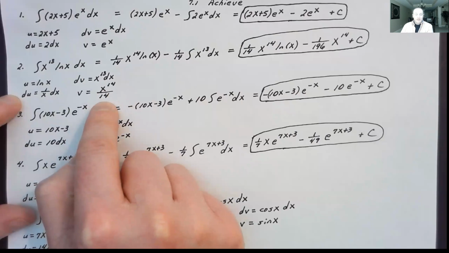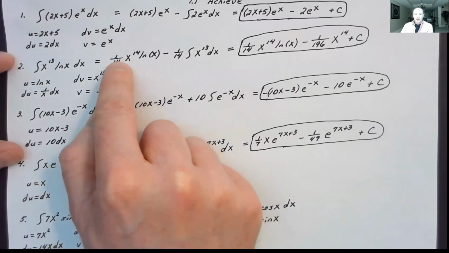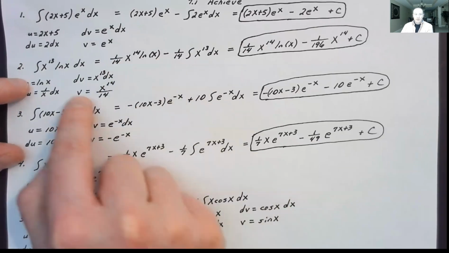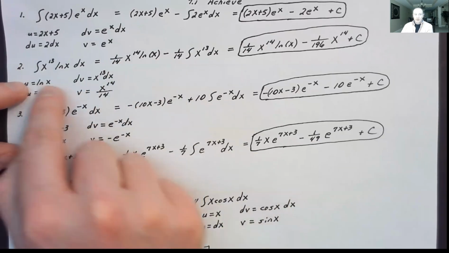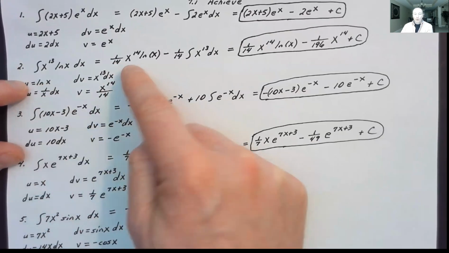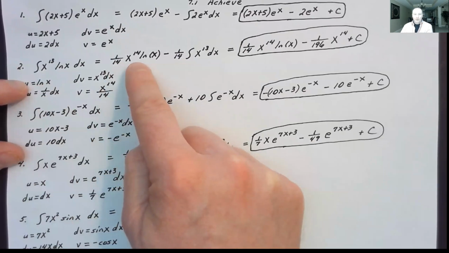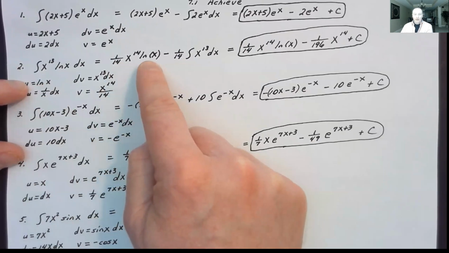Once you do that, guys, then you can just say, well, our integration by parts formula says to take u times v, so the integral becomes the natural log of x times this. I went ahead and wrote it as what I thought looked more nice: 1/4 x to the 4th, natural log of x.